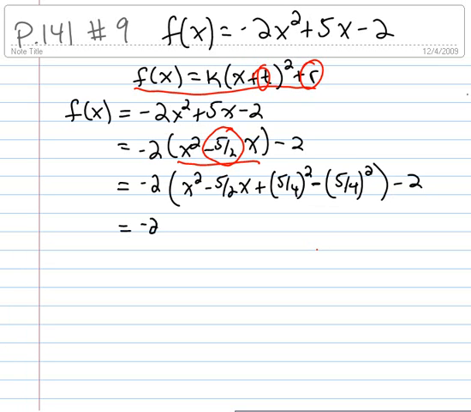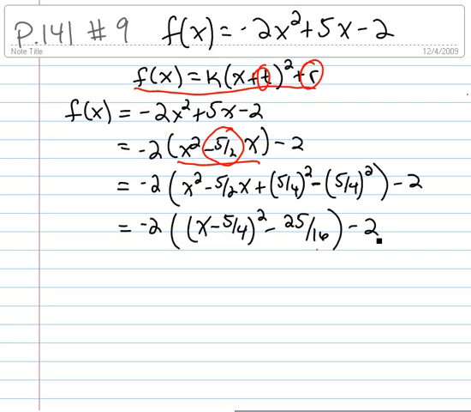Moving on, negative 2 times, we purposely constructed this perfect square in here, x minus 5 fourths squared minus 25 sixteenths, minus 2.